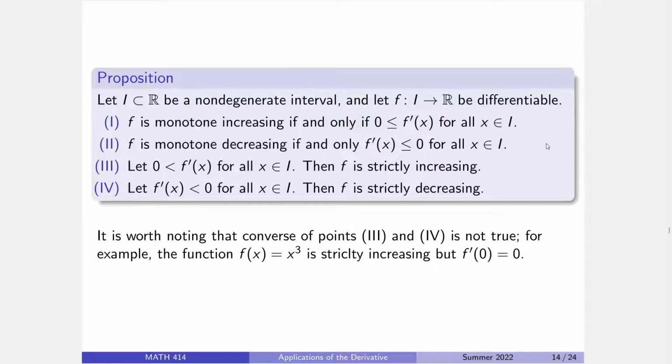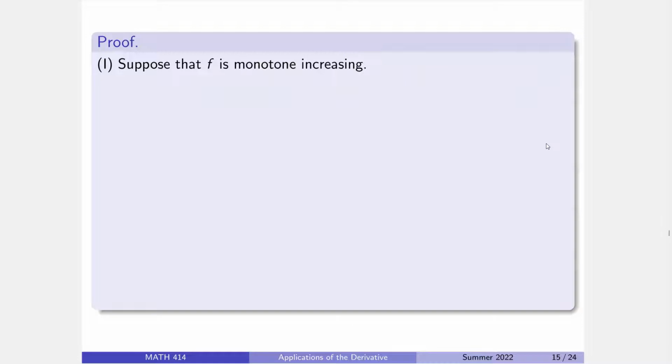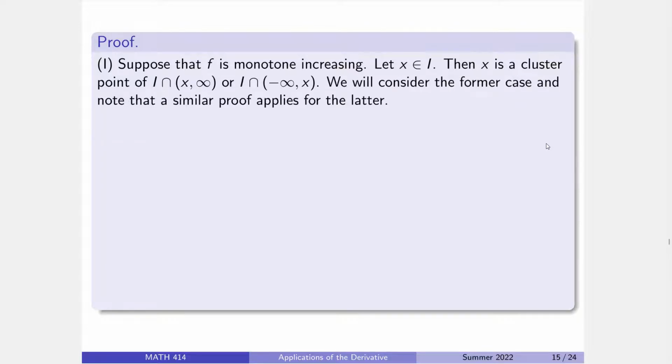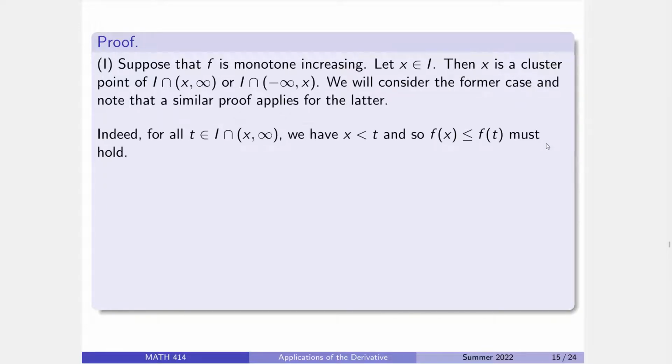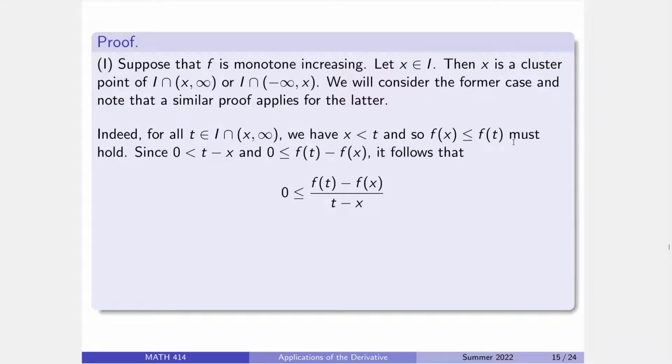All right. Okay, so now we're going to see why we just did that cluster point thing, because if you're monotone increasing, pick a point that lives in I, then it's a cluster point on the right or on the left; again, we'll consider the former. For any t then, monotone increasing guarantees that this is true, which means that the difference quotient coming in from the right is always positive.